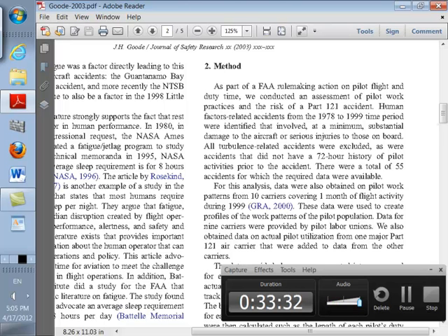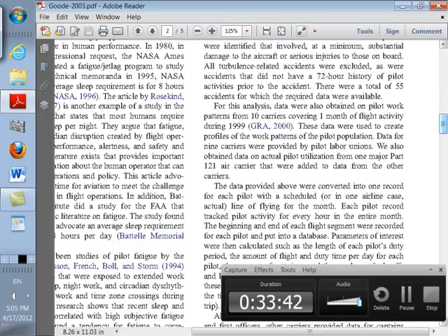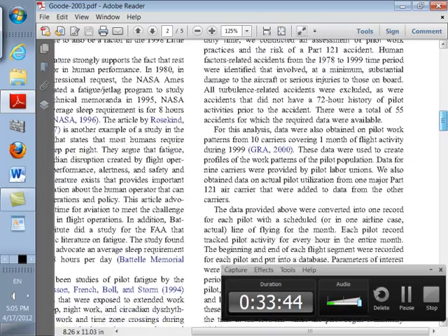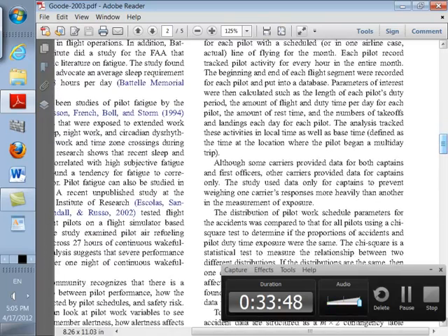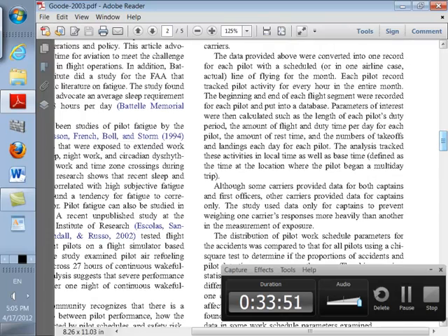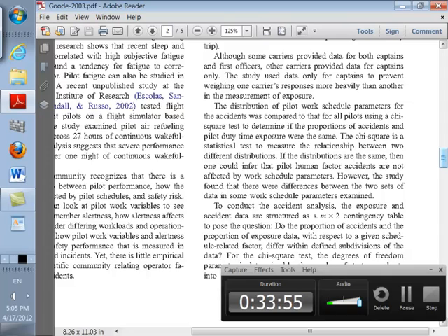And so they got 55 accidents that they recorded, and therefore, let's see now how many pilots participated in the study. How many pilots were recorded?